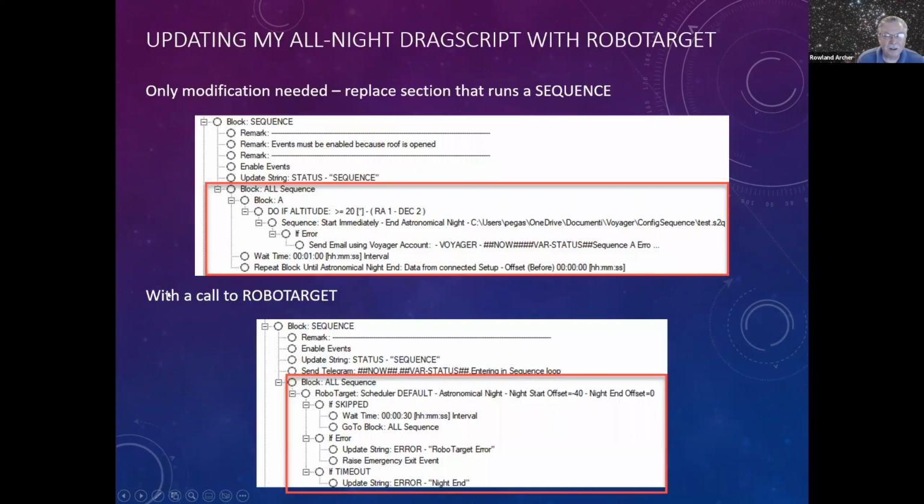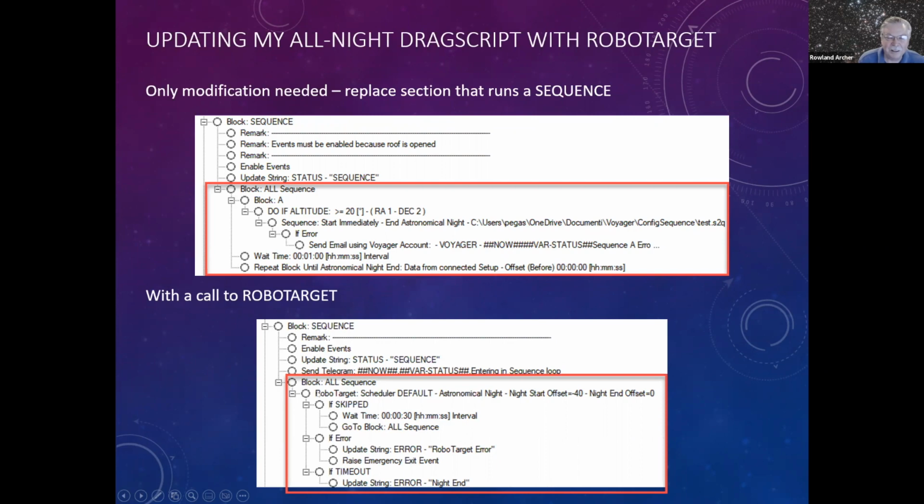So I mentioned earlier that I have this all-night drag script that runs my observatory. Before, I had a block in there that ran my sequences. So I had to go to a sequence and edit it to include the target I wanted to run, and maybe change my constraints. To change that to use Robo-target, I basically replaced this block with that block, and that was it.